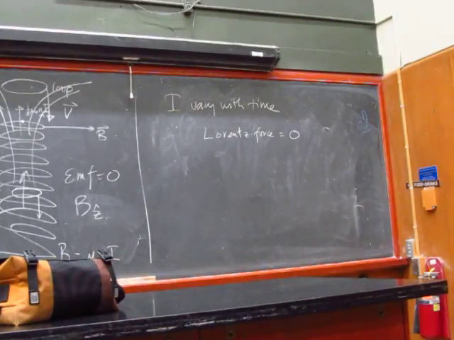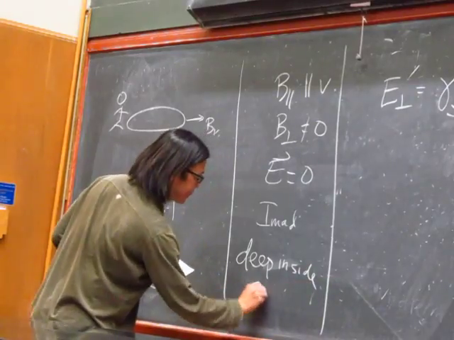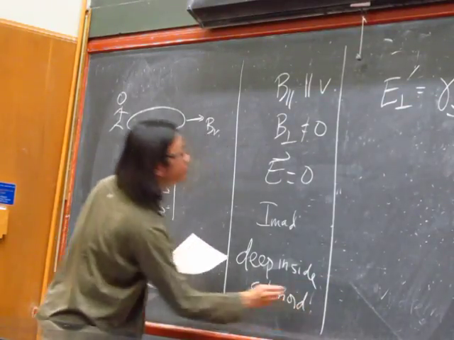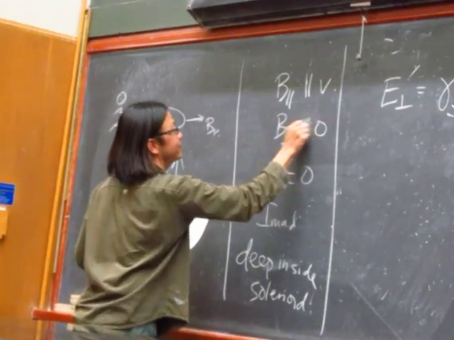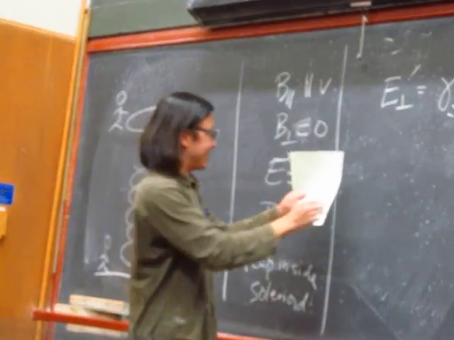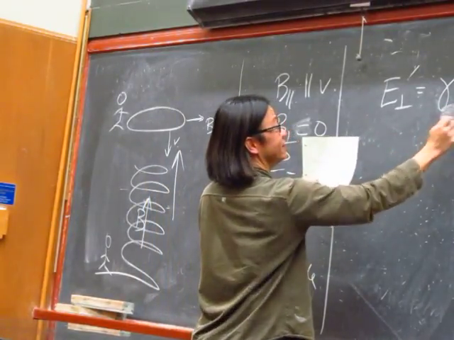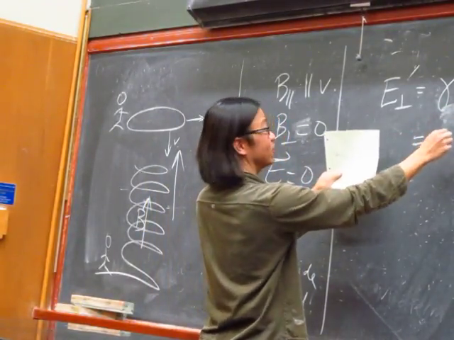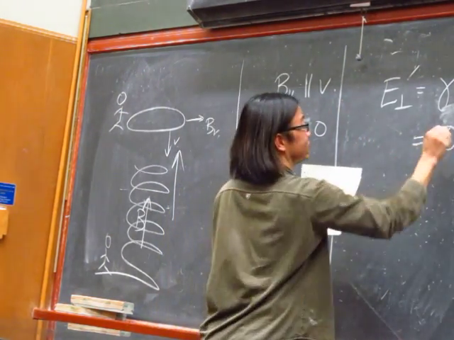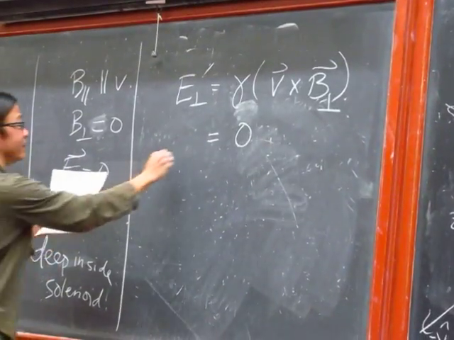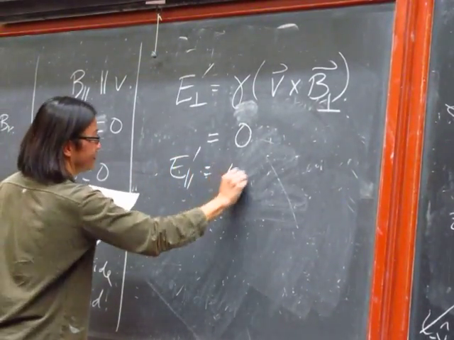This is where I want to talk about this equation, inside the solenoid. This is all true. This is 0, so in that case this is also equal to 0, because V perpendicular is 0 and V parallel is 0.